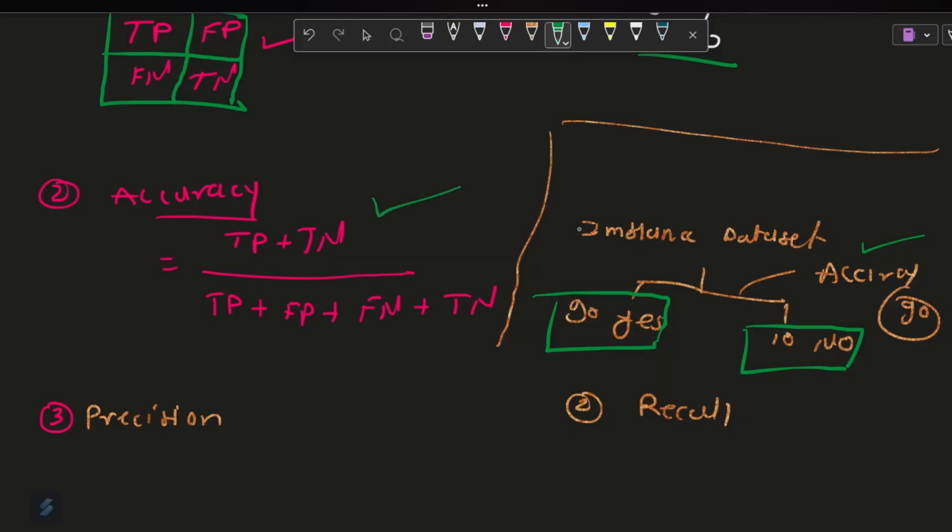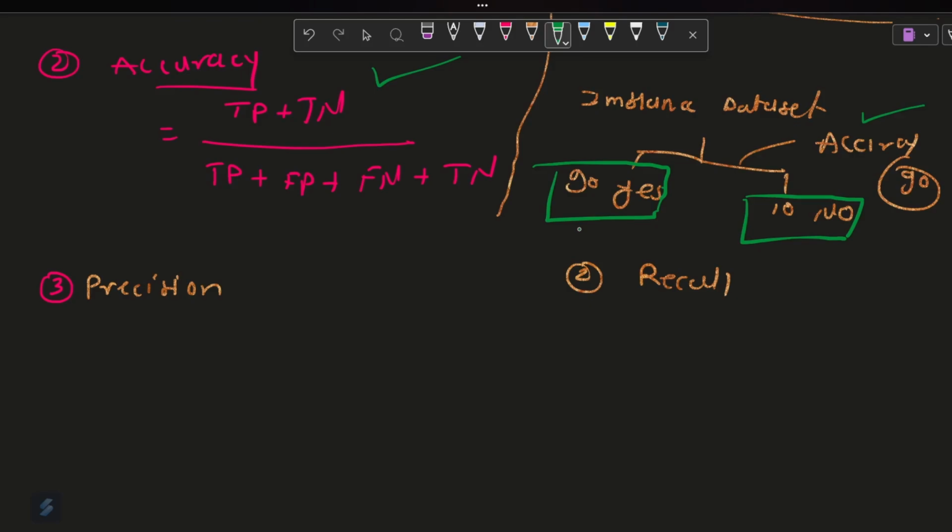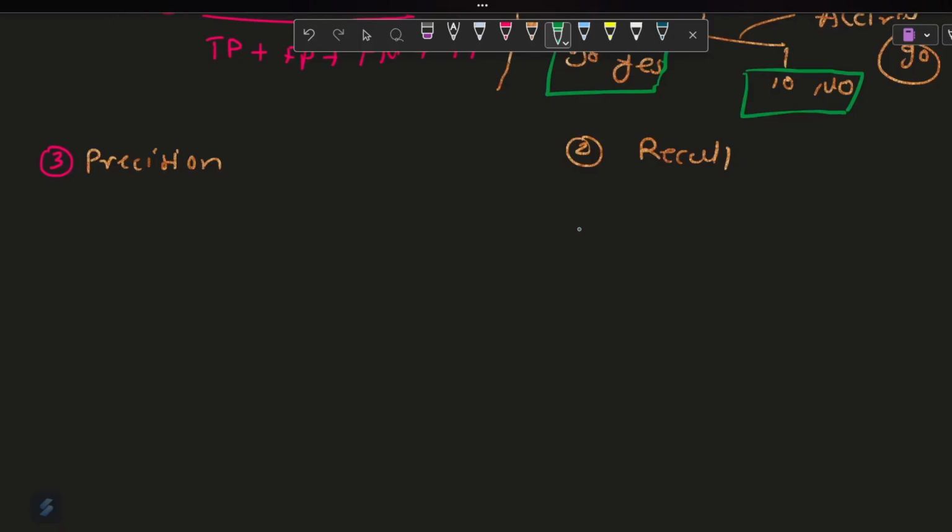So for that, we have two things: precision and recall. In the precision case, the formula is true positive divided by true positive plus false positive. Okay, draw the confusion matrix and understand how it affects that.